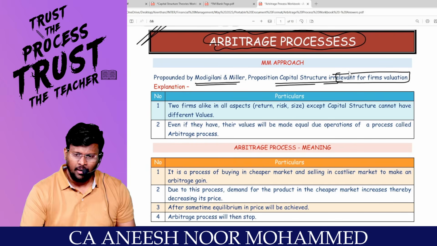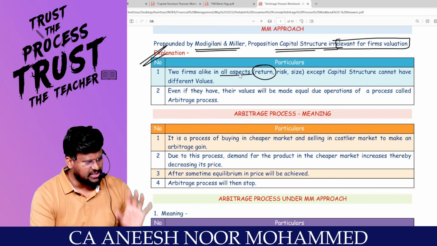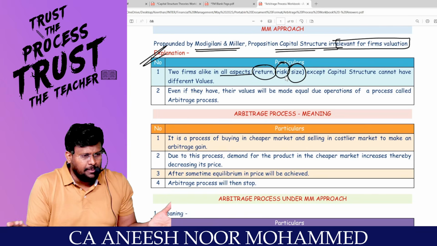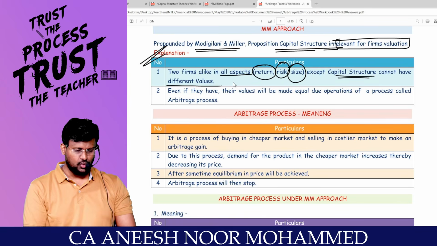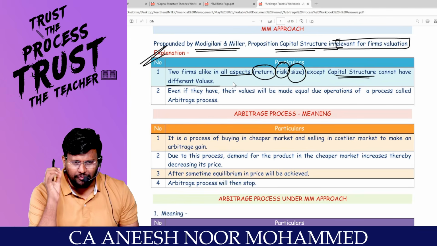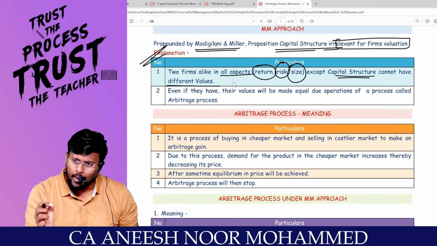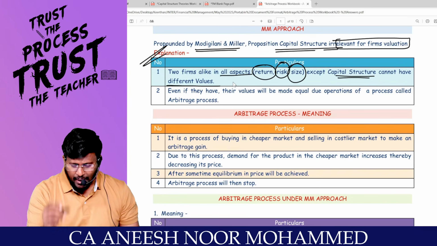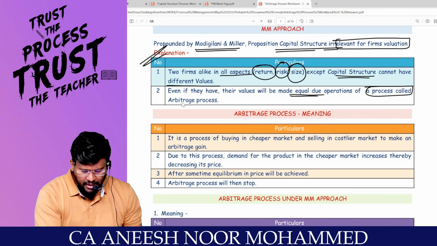If two firms are alike in all aspects, for example returns are the same, that is EBIT is the same, beta is the same, size of the firm is the same, except capital structure, they cannot have two different values. Even if they initially do, because of tax the levered firm may have more value than the unlevered firm, but their values will automatically be made equal by the arbitrage process.